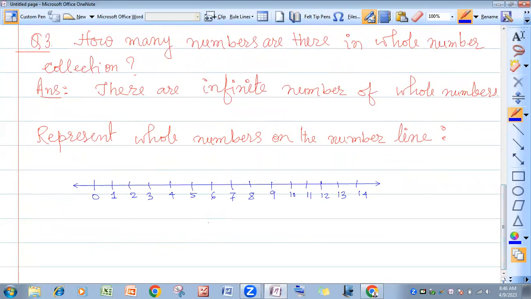So here, this is the representation of the whole numbers, and this arrow sign tells about the infinite length of the line.